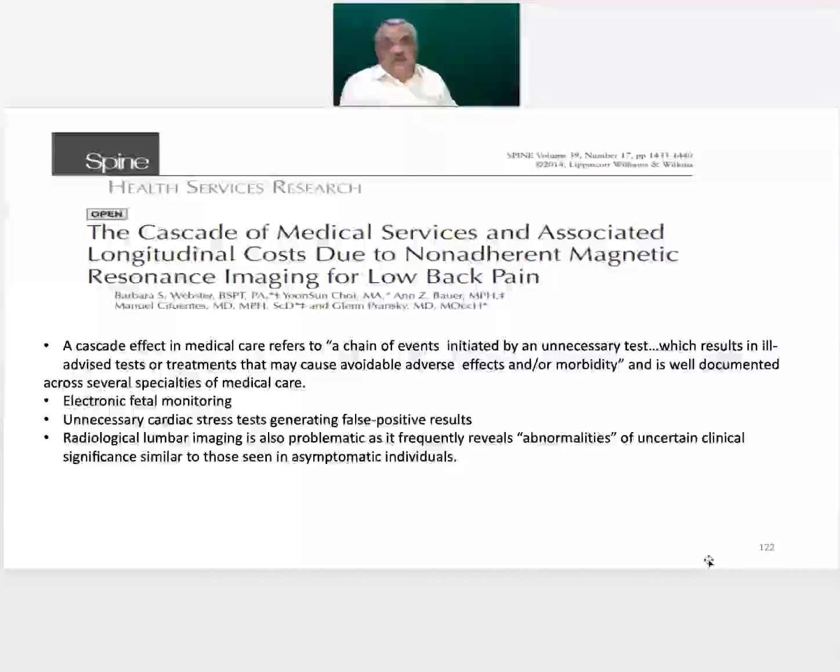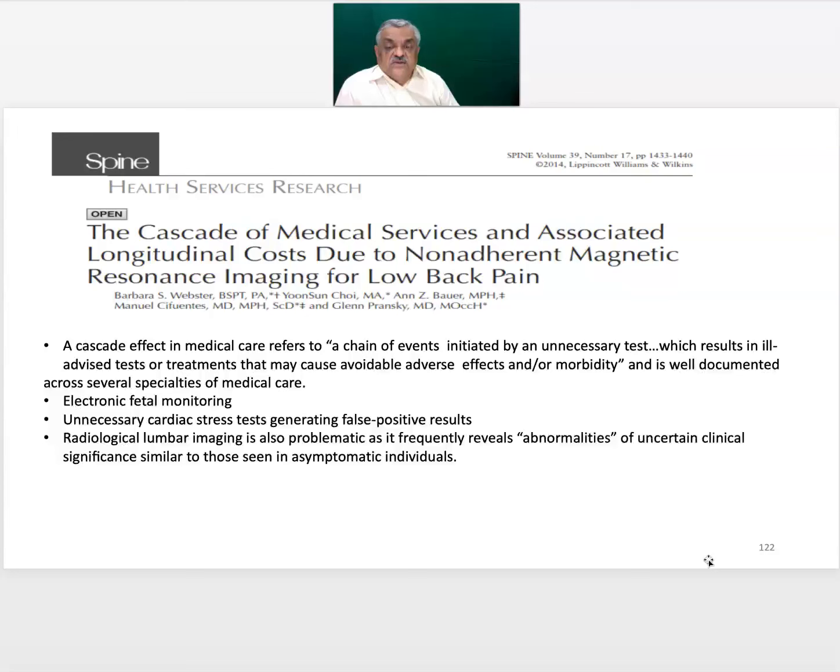Now, what we also have to understand is that there is a cascade effect in medical care, and this is a chain of events initiated by an unnecessary test, which commonly is a MRI. It results in ill-advised tests and treatments that may cause avoidable adverse events and morbidity, and this has been documented in many medical specialties.